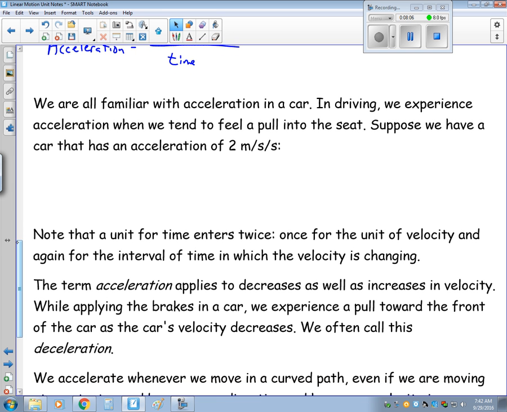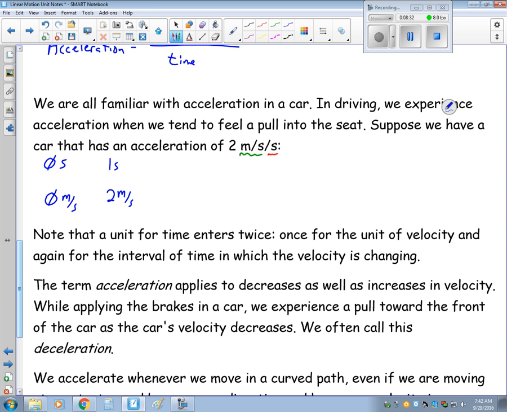So suppose we have a car that has an acceleration of 2 meters per second. And that's a unit for acceleration: velocity over time. So if something has an acceleration of 2 meters per second, at 0 seconds, it has 0 meters per second of speed, or velocity.